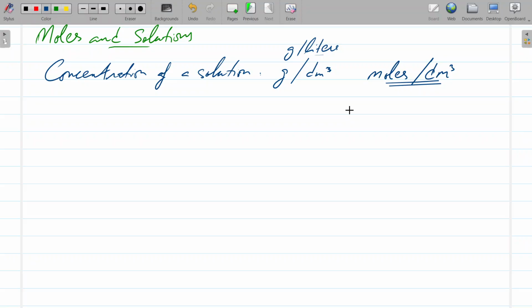Okay, now what do we do? Here we come across formula number 4. And remember, when talking about solutions, we are talking about liquids, so aqueous, chemicals in water.